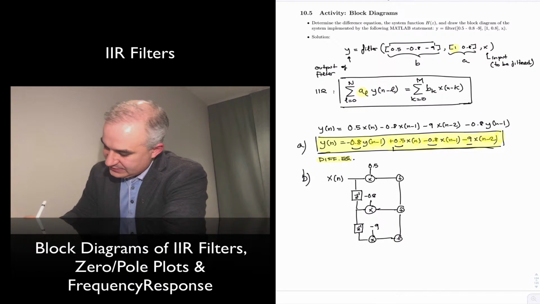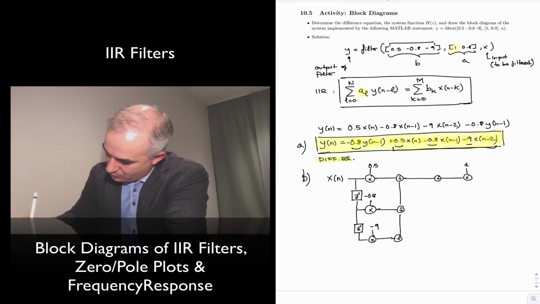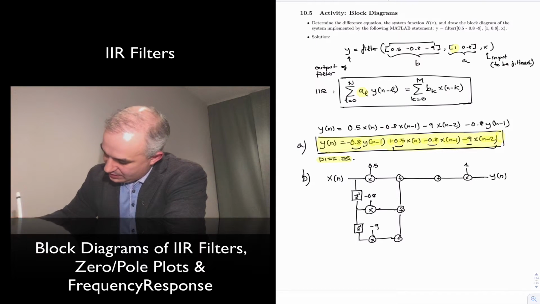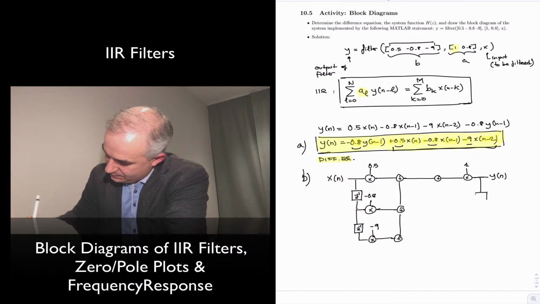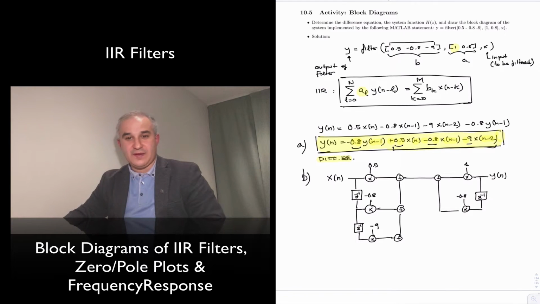So we just got this. So you say, okay, this is added with, we have 1 to get our y of n, and we delay that, z to the minus 1, and this is what we're going to multiply times the minus 0.8. So this is the block diagram of this filter.